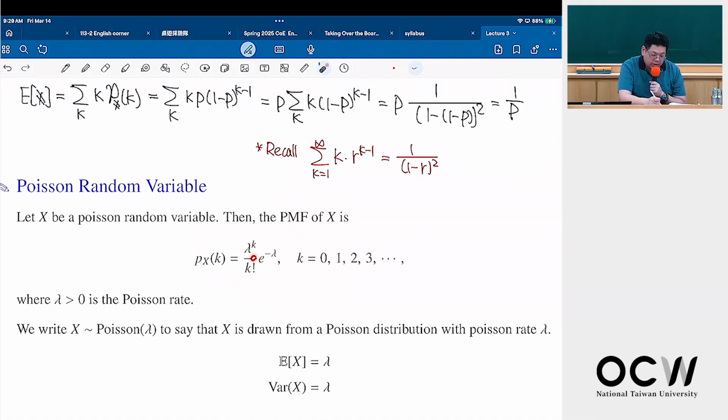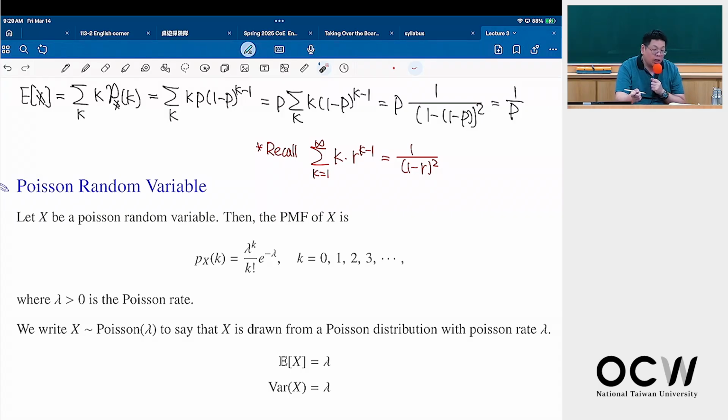The Poisson rate to the k divided by k factorial times e to the minus lambda. And this k could be from 0 to infinity. We say x is Poisson lambda. That means x is drawn from the Poisson distribution with the Poisson rate lambda. For this Poisson random variable, the expectation and also variance are all the rate lambda.